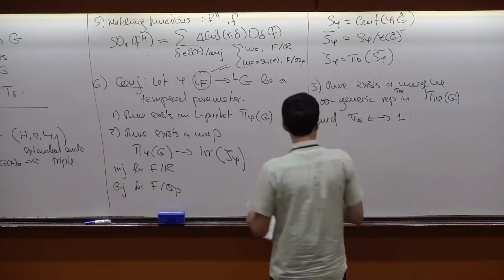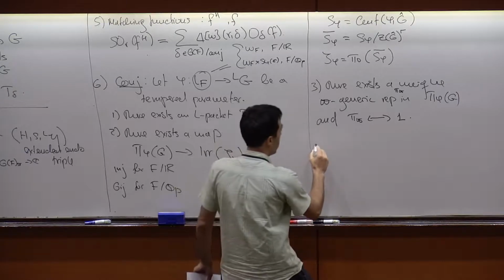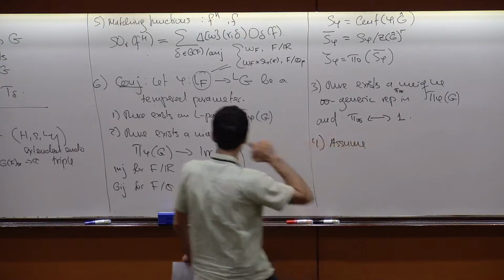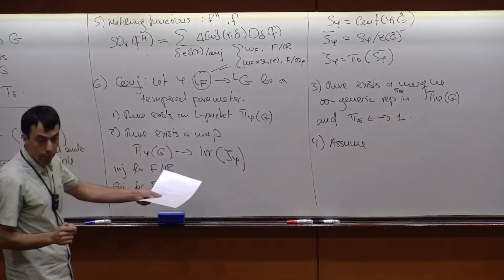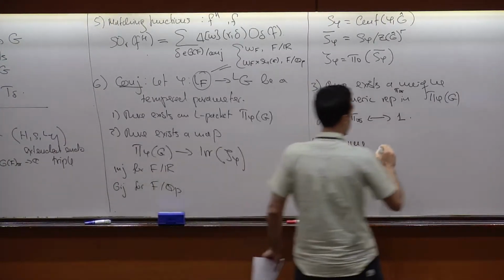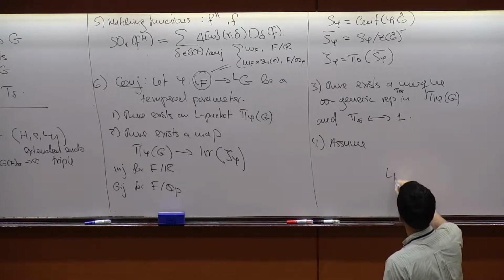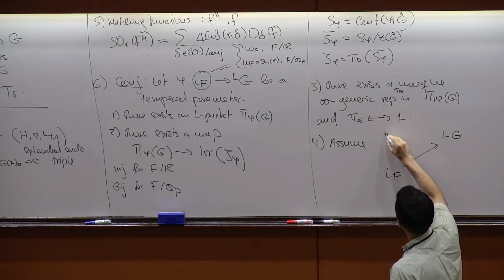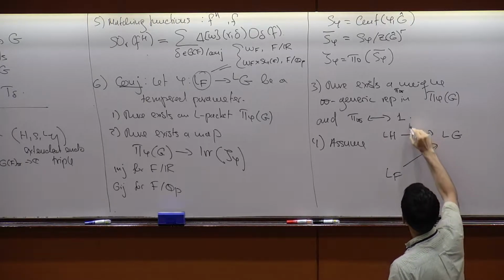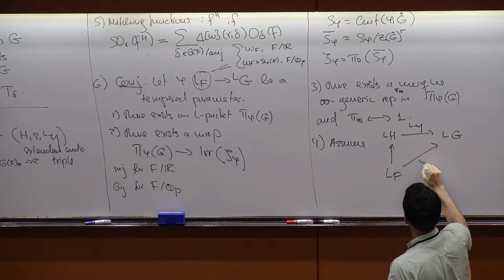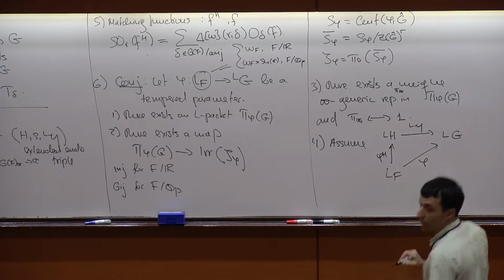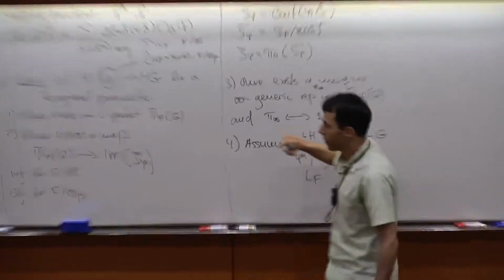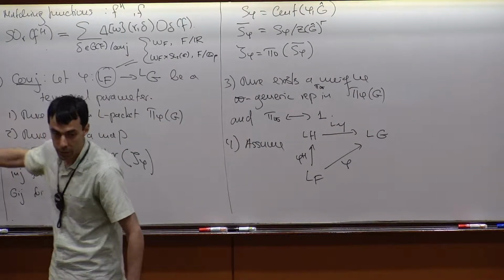And then finally, assume that this tempered parameter came from an endoscopic datum. In other words, the tempered parameter looks like this, but actually it came as a composition of a parameter for the endoscopic datum with this map L eta that is part of the extended endoscopic triple.